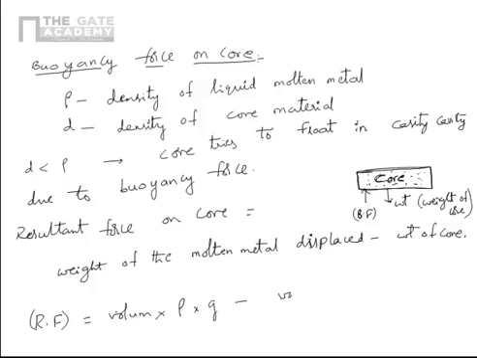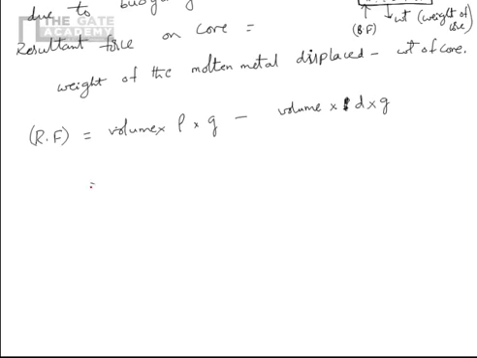The volume is the same in both. As we know, V and g are the same for the core, and rho is the density of the molten metal minus D, the density of the core.